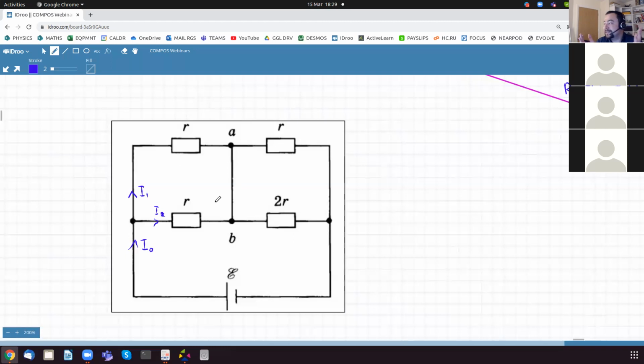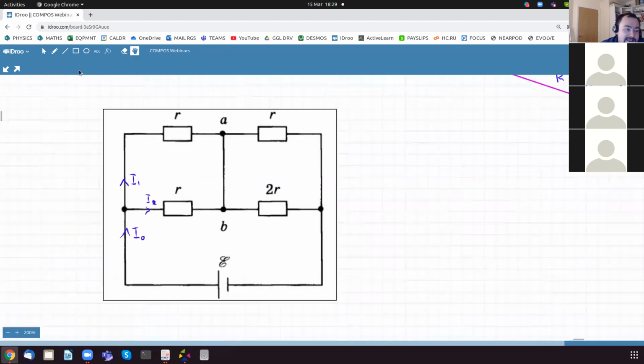But let's say I did not do this observation. Let's say I have no idea which way the current is going. What I'm going to do is I'm just going to guess. I'm saying, okay, current between AB is flowing downwards. And that's not a problem.